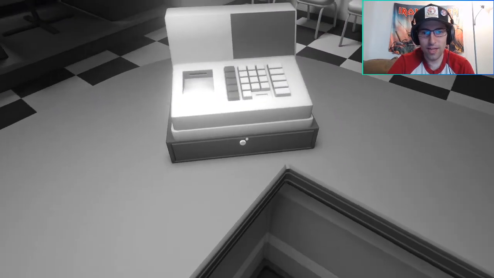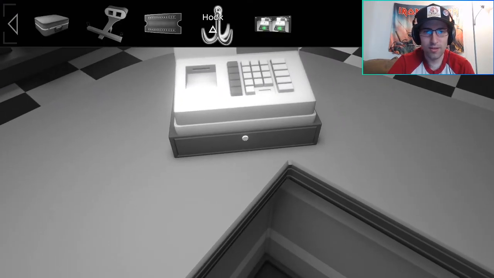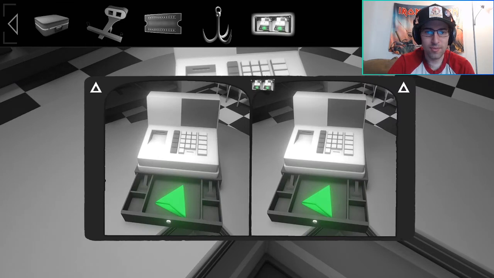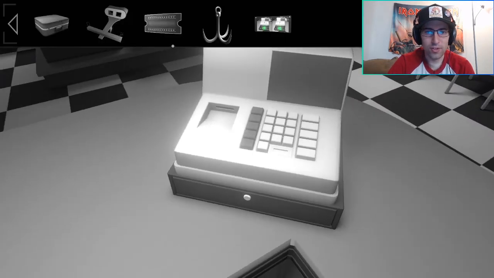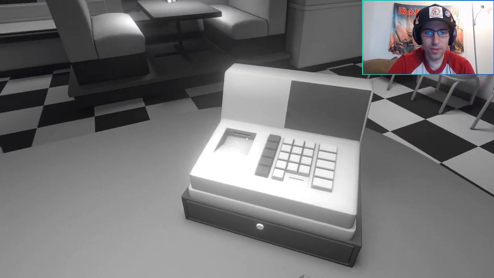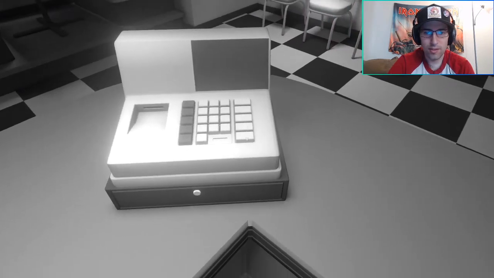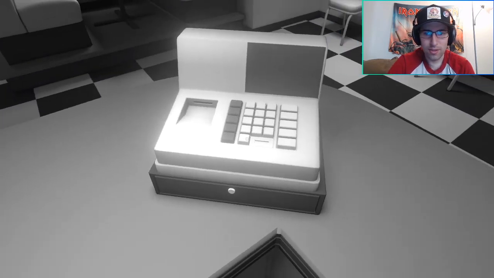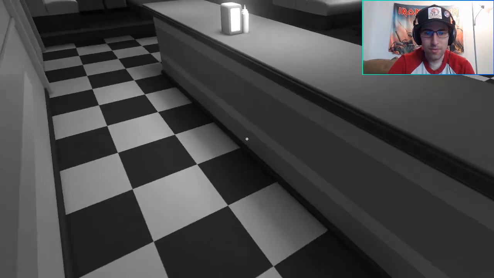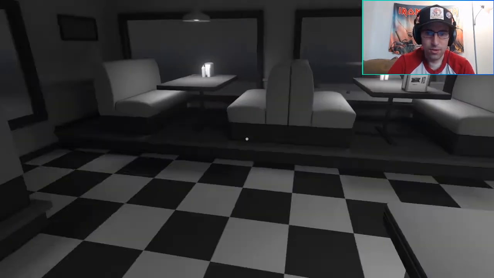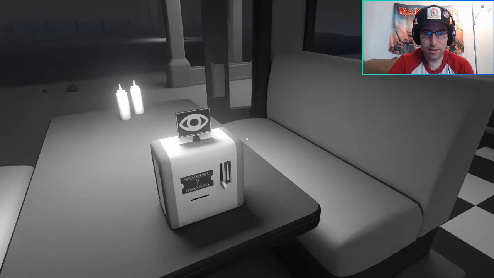I like the aesthetic of it, but so many times the information in front of you is just not enough to give you a sense of what's going on here, because I'm at the cash register, nothing works, there's a button missing, so I figure maybe I have to find the button. Looked all around, can't find a button.